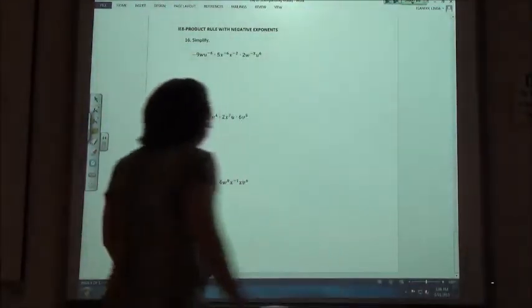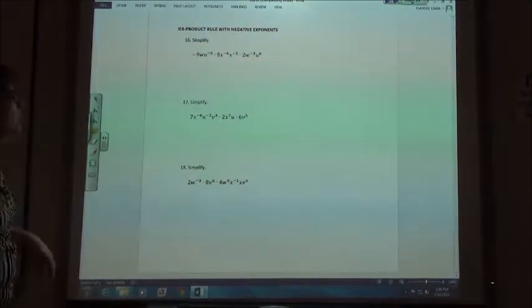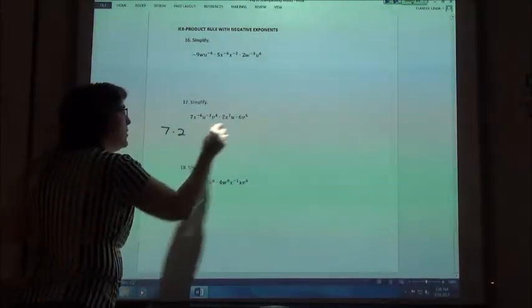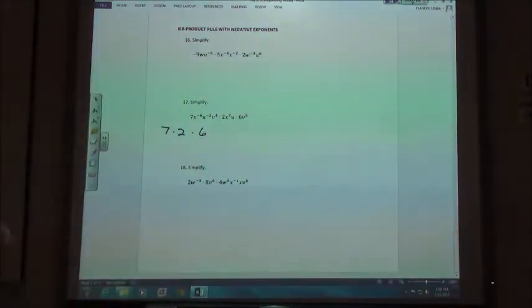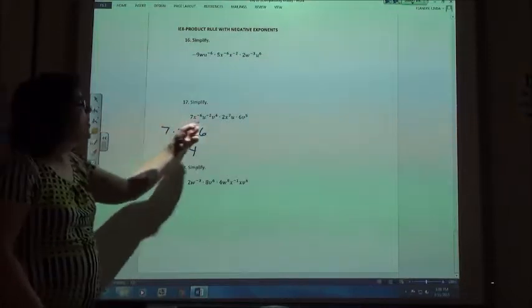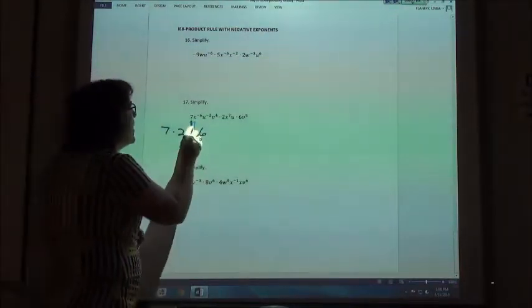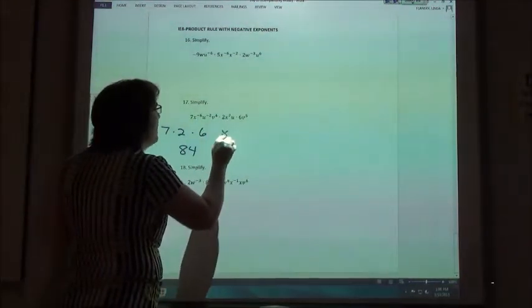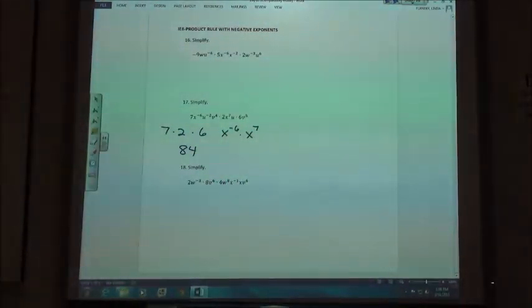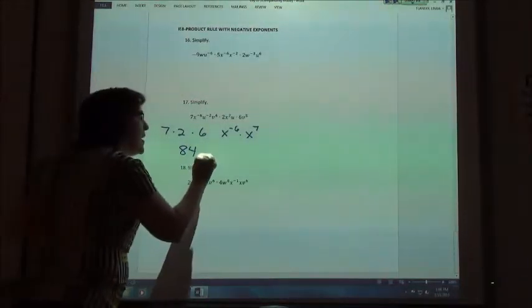So number 17, same kind of thing. I'm going to start with my coefficients, my numbers. So I'm going to take 7 times 2 times 6. 84. Your variables, it really doesn't matter what order you go in. I just usually go in the same order the problem had it. So I'm going to do my x's first. I have x to the -6 times an x to the 7th. I get just an x, right?